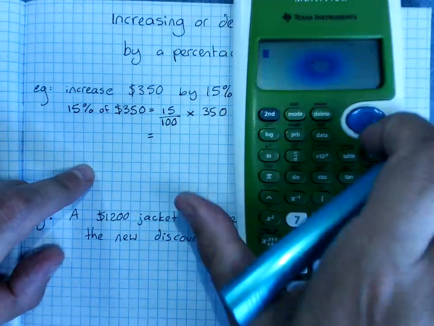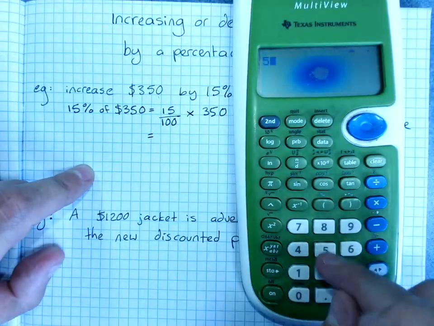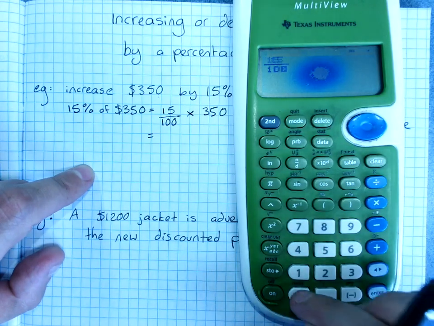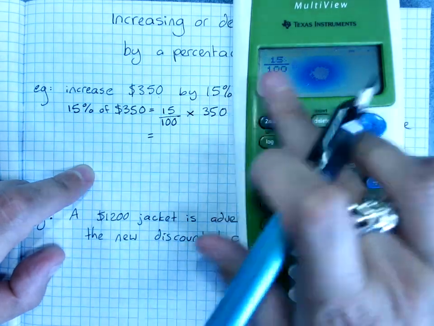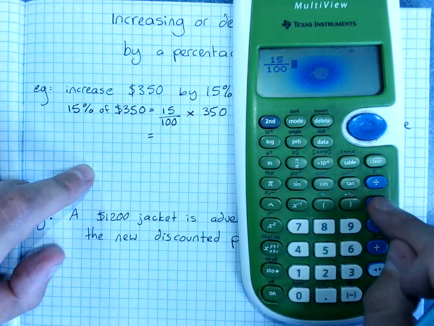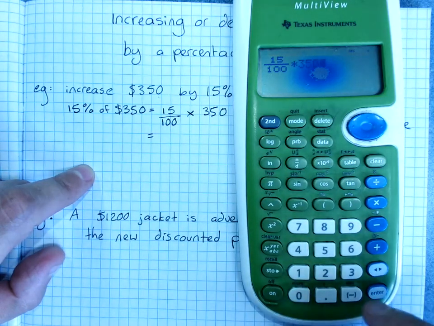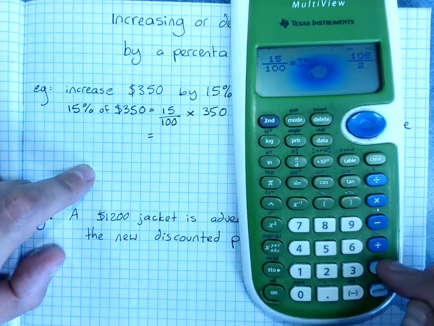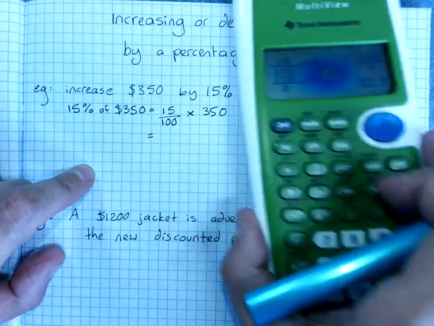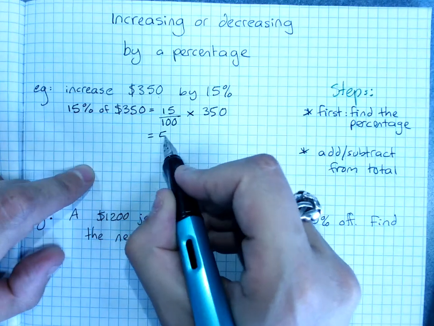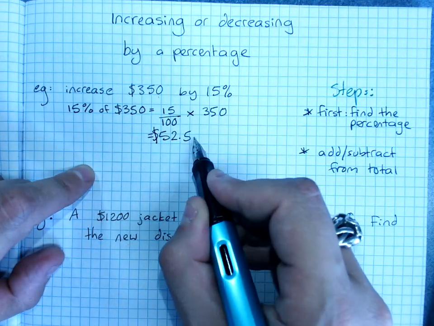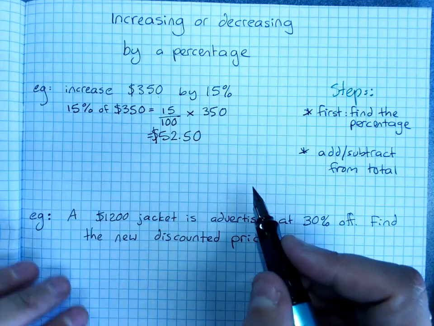And then we use our calculator. 15 over 100, move over to get out of the fraction, times 350. And if it gives you the funny fraction answer, remember use your two arrows, 52.5. And because it's money, we need a dollar sign and two decimal places.